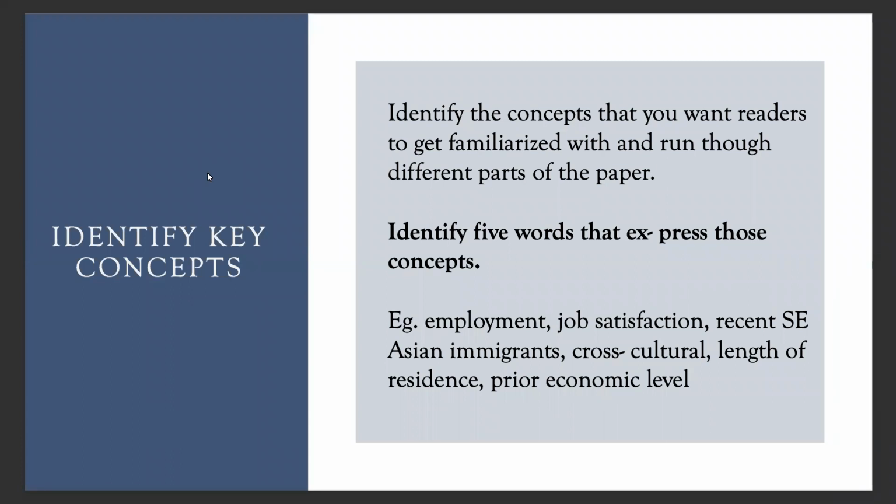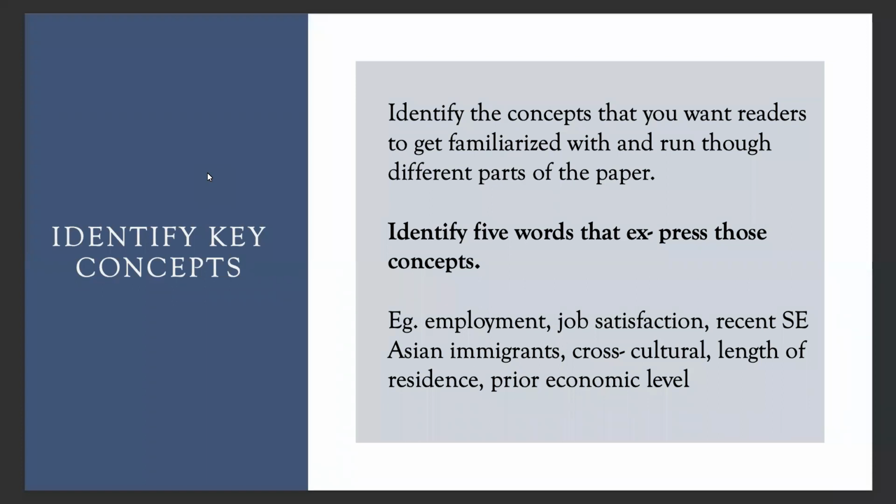So it's a very good idea to identify the concepts that you want readers to get familiarized with and that run through different parts of the paper. You want to circle them and see the terms coming multiple times, and then pull those terms and write them under key concepts of your paper, and make sure that you have explained them, at least 5 words or concepts on your paper.